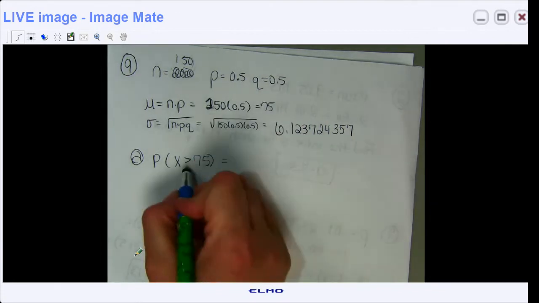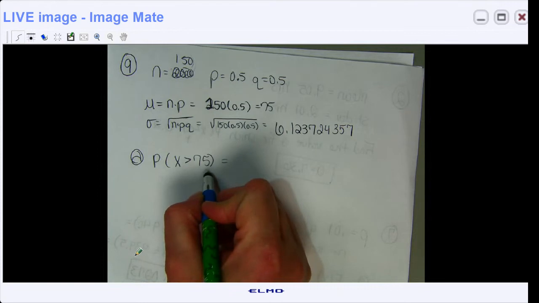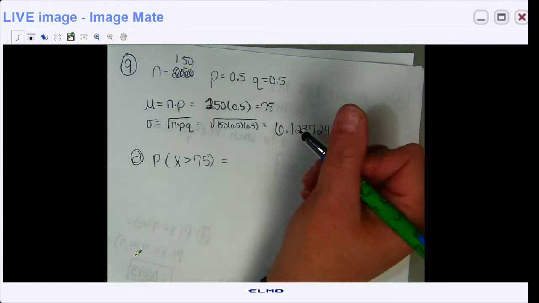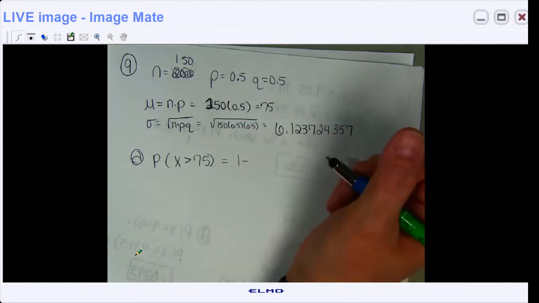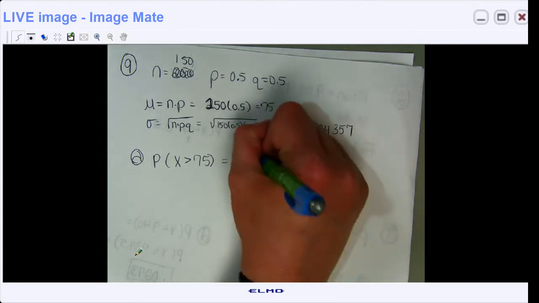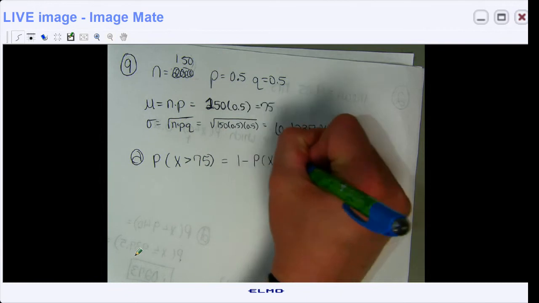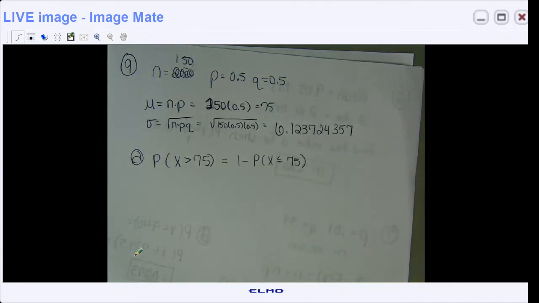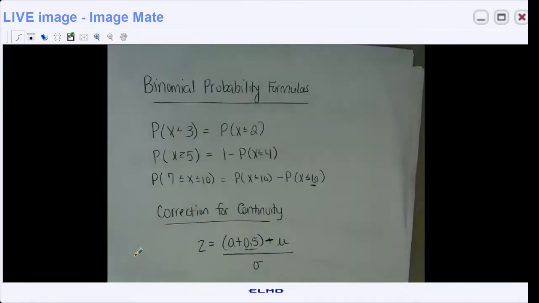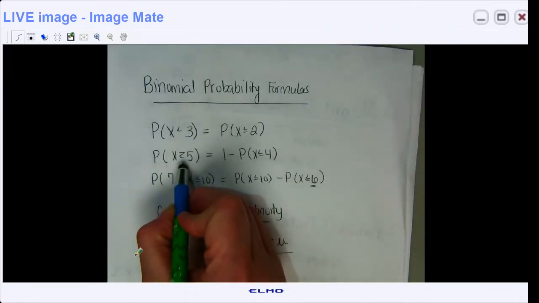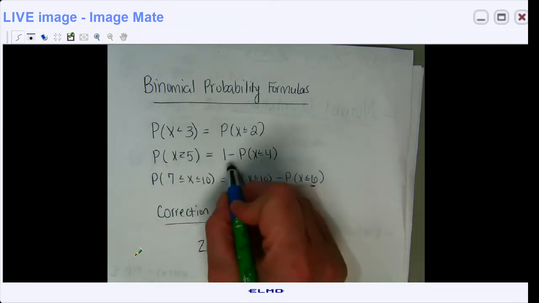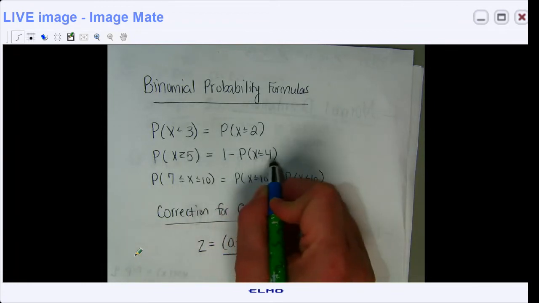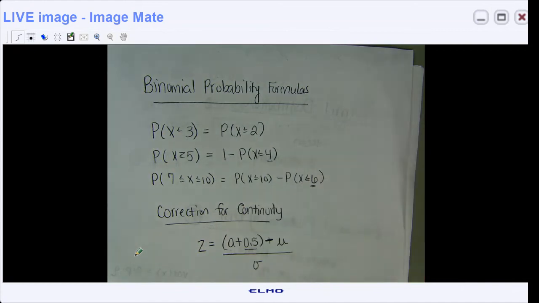So because this is greater than 75, we use our rules for binomials, and we say, okay, we're going to calculate 1 minus the probability that x is less than or equal to 75. So I'm going to add a new one to your list, because we had already said, okay, greater than or equal is 1 minus the probability less than or equal to the next lower number.